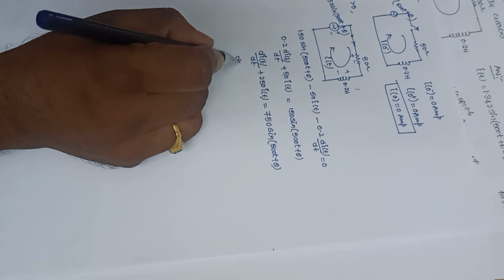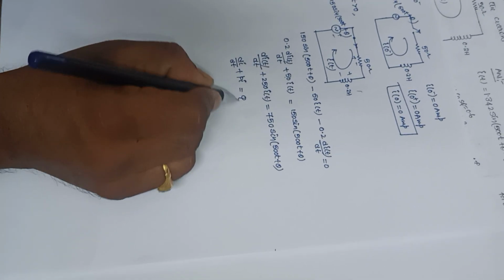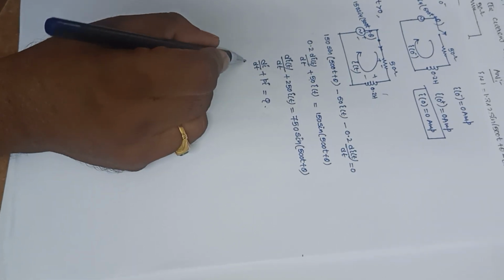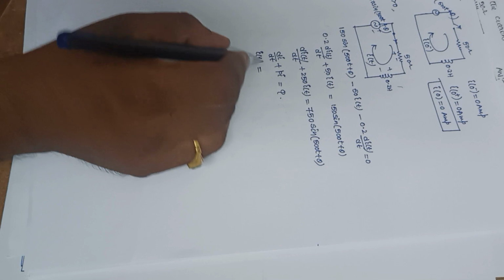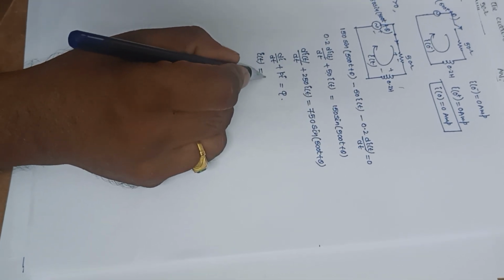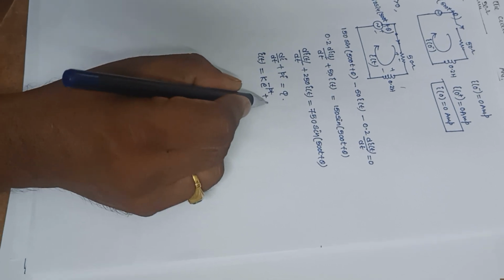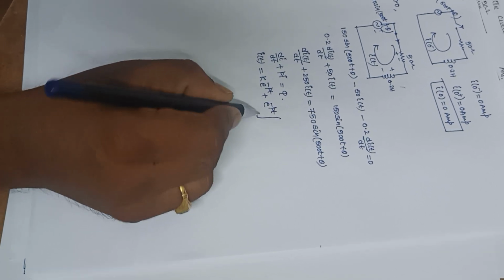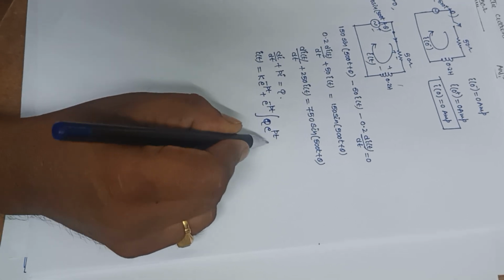So it is like di by dt plus p into I equals q. The solution for this type of non-homogeneous first order differential equation is I of t equal to k into e power minus pt plus e power minus pt integral of q into e power pt dt.